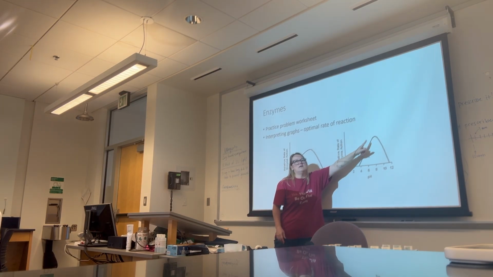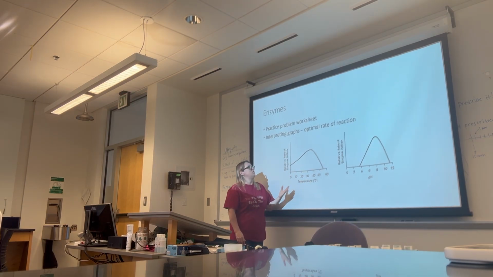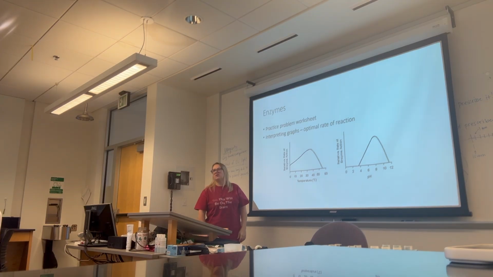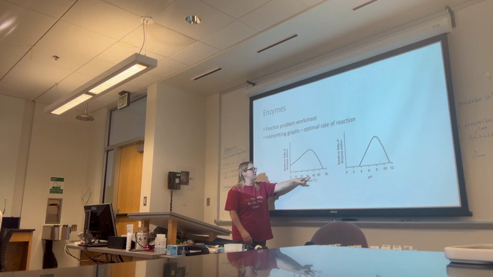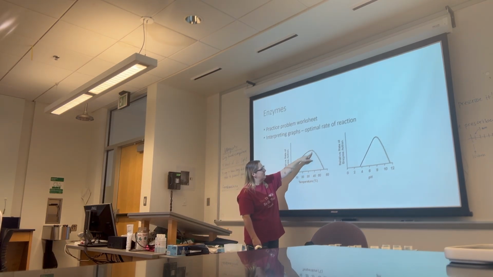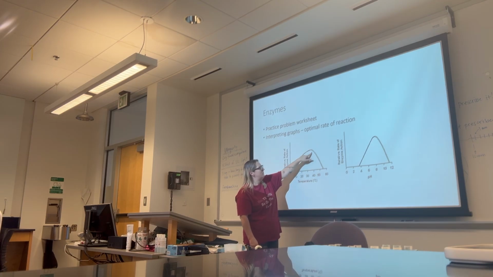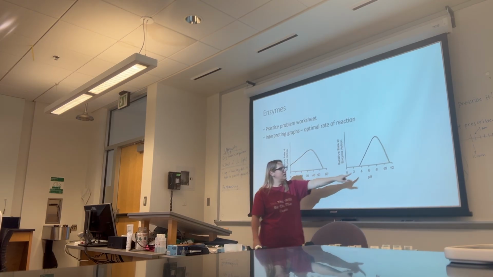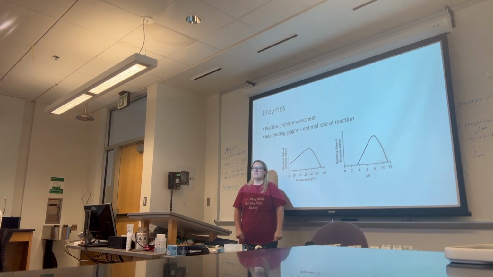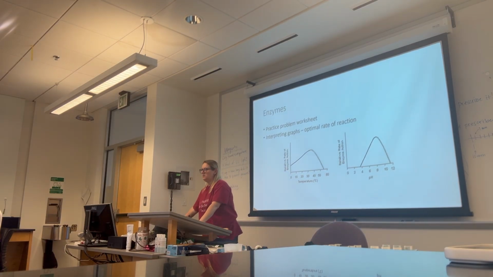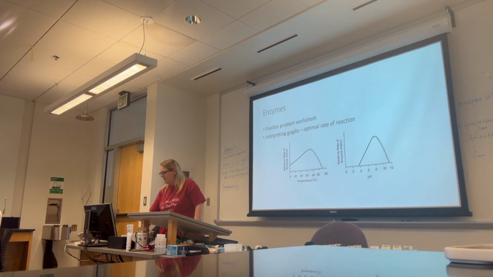So if I ask you what is the optimal temperature and pH for this enzyme, then you would say somewhere around 37, 38, 40-ish, right around there. And here you would say pH 8. So be able to interpret those graphs related to enzyme kinetics.